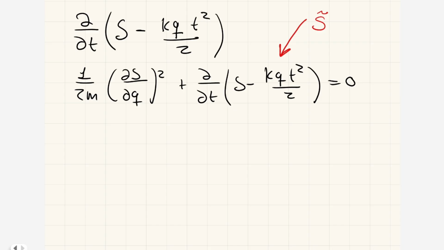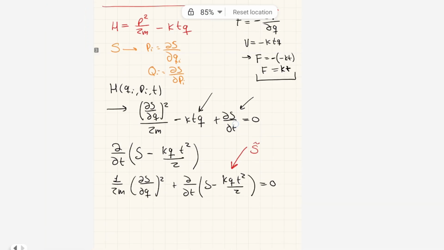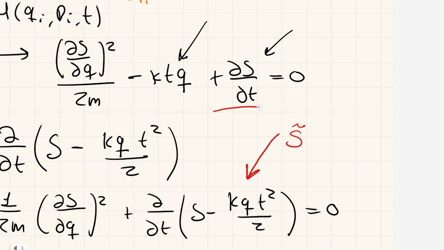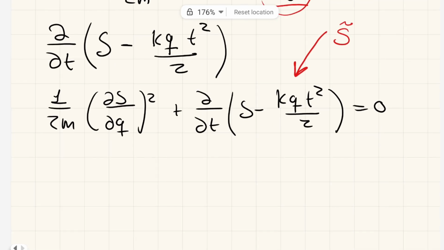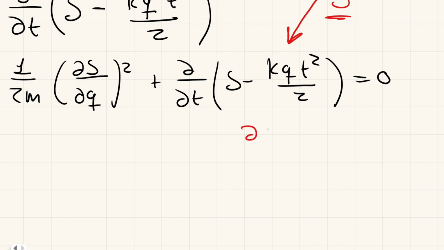And the Hamilton-Jacobi equation always has this element, the partial of a function with respect to time alone. So that is what we are going to get with that. If we name this as this new function, we will get an element alone as what I just wrote here. I mean, the partial of S tilde with respect to time is going to be this element here. So we are constructing a new Hamilton-Jacobi equation.